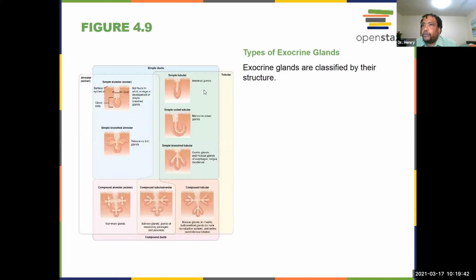Okay, so we have exocrine glands. Exo means what to you guys? What does endo mean?